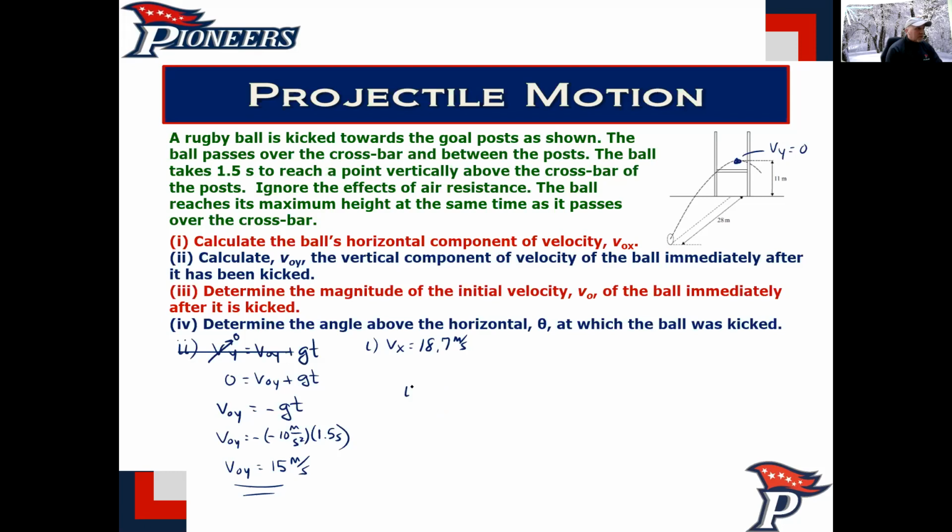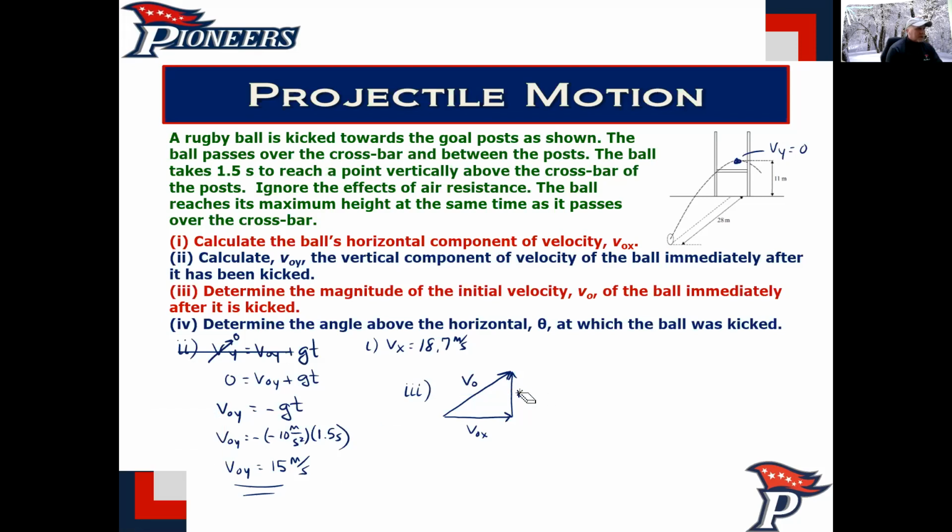And so this is what we did for the horizontal projection, when we were trying to find the resultant speed at impact. This is where Pythagorean theorem comes into play. We've solved for this, this is 18.7. We solved for this, this is 15.